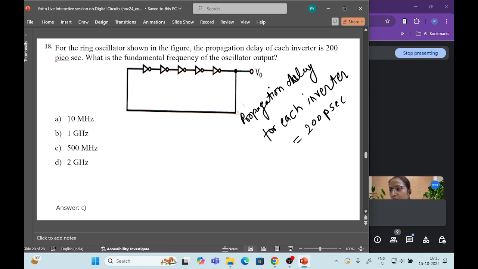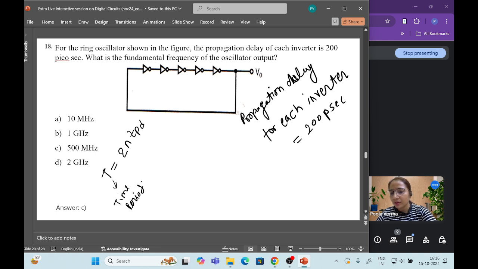Okay, so how can we solve it? In order to find out the time period at the output, the formula is T is equal to 2 N T PD, where T is the time period, N is the number of inverters, and TPD is the propagation delay of each inverter.